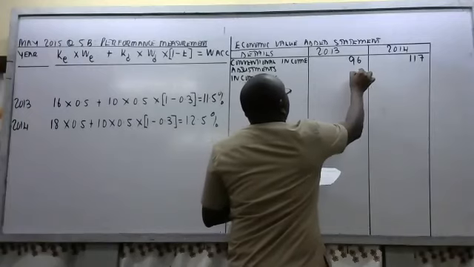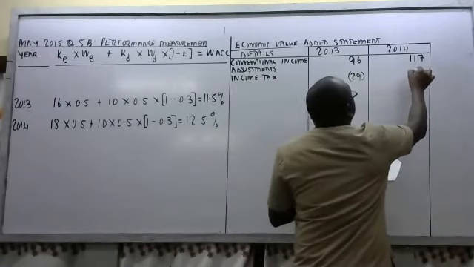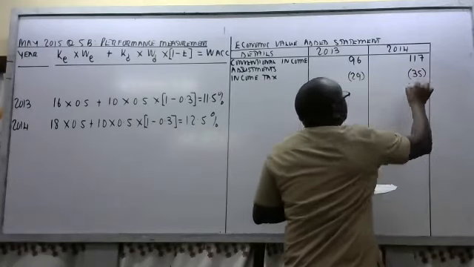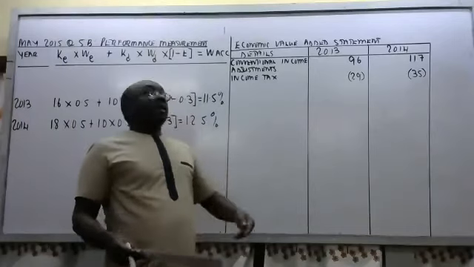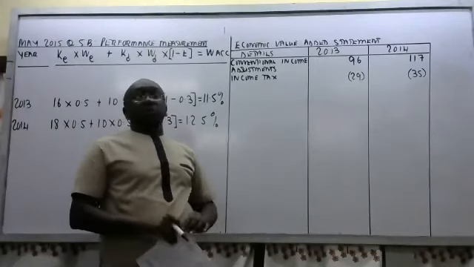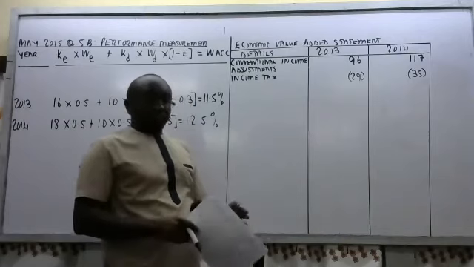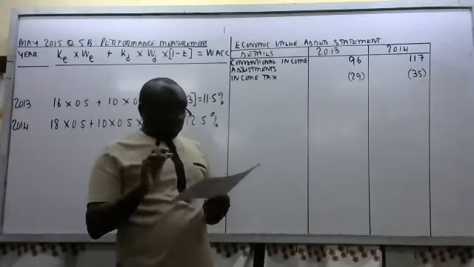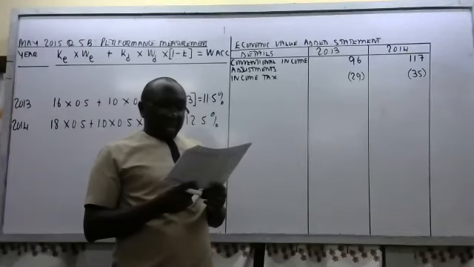That is 29 and 35. So you see, if you began with profit before tax, then you would not have needed to subtract tax. That's why I'm saying you can begin anywhere. The next thing that you need to deal with is information number 2.